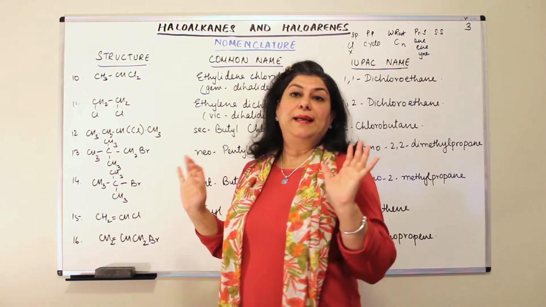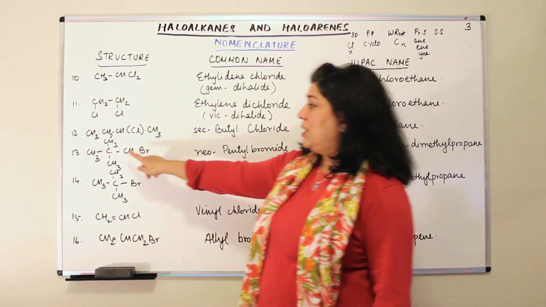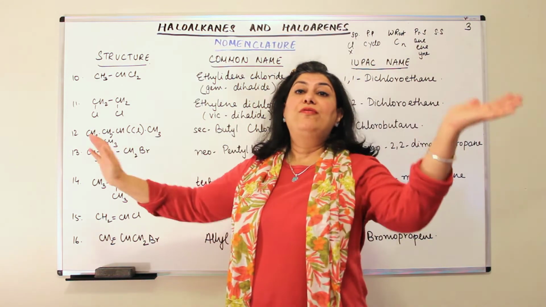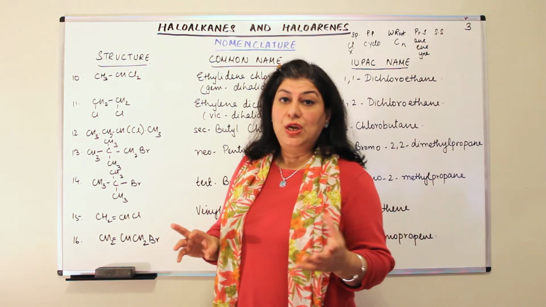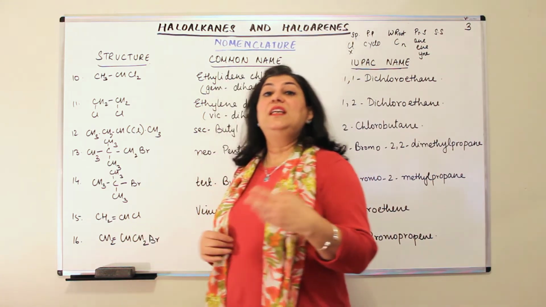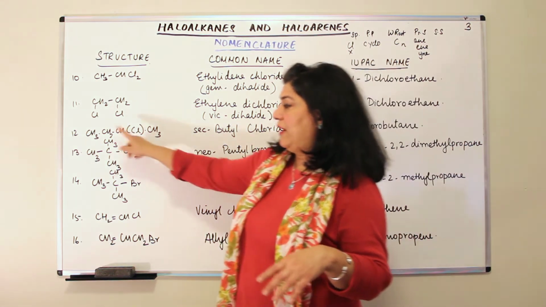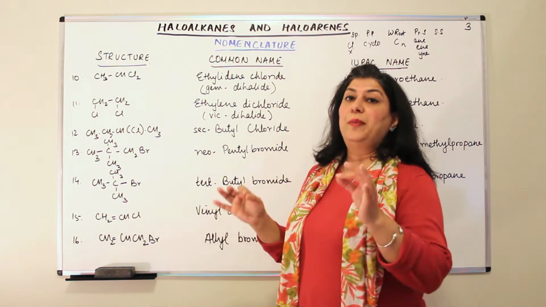And it is a bromopentyl. And since the carbons are branched, how would you name them? Wherever you have a compound where one of the carbons is attached to 4 other carbon atoms, that compound is known as a neo compound. The prefix we use is neo. So this becomes neo, 5 carbons, so it is pentyl, and since bromine is attached, we call it neopentyl bromide.